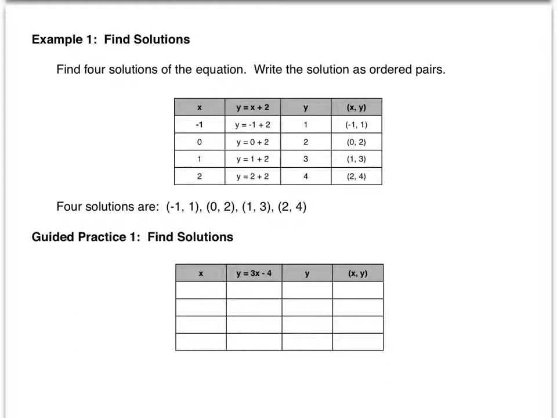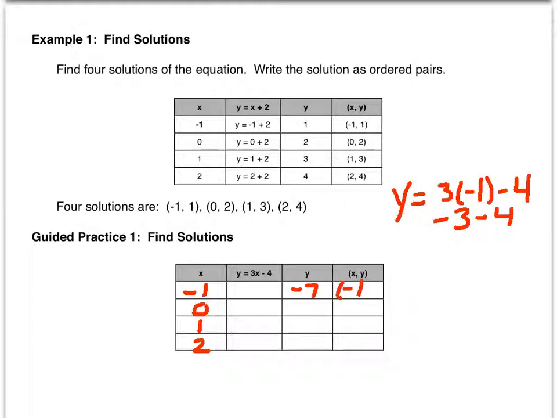Let's look at one together in guided practice 1 and find 4 solutions to y equals 3x minus 4. Once again, I'll use -1, 0, 1, and 2. Now I'm not going to be able to fit my information on the table, so I'll just write mine out to the side. I have y equals 3 times -1 minus 4. 3 times -1 is -3, minus 4 is -7.